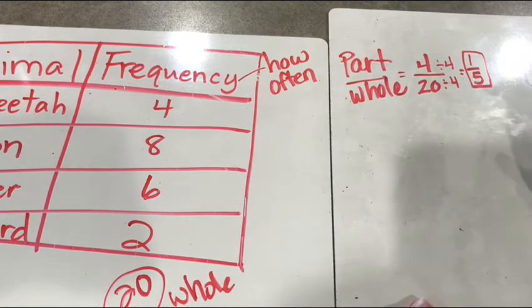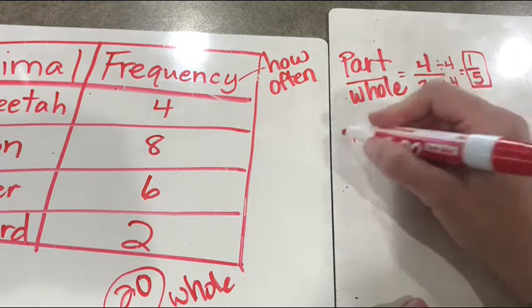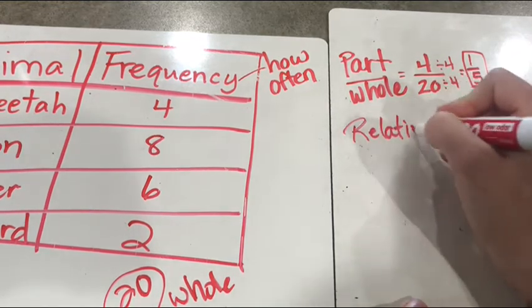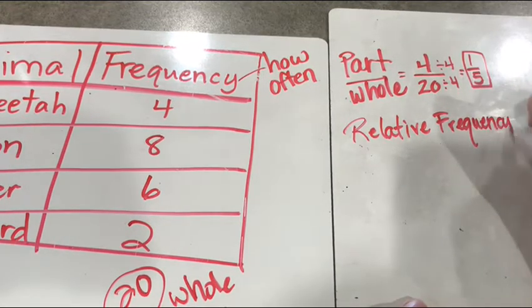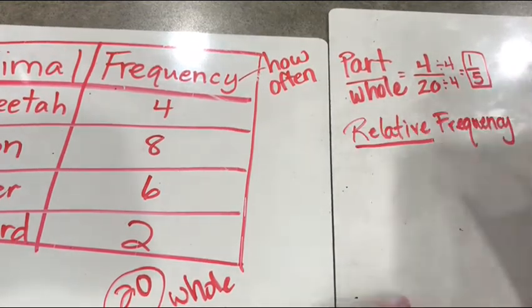okay? So one other thing that they might ask you to do is to find the relative frequency, okay? So relative, it's not like your relatives, like your, it actually kind of is. Your relatives are like your siblings and your aunts and your uncles and your parents and your grandparents.